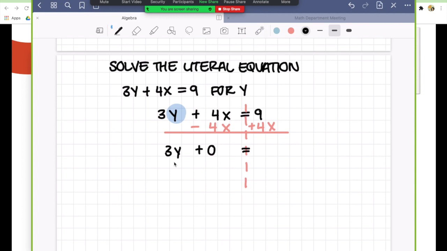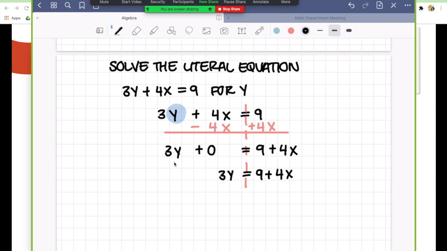And that equals 9 plus 4x. Because 9 is not a like term with 4x, I can't combine them, so I'm just going to write down 9 plus 4x. Okay, so now I am left with 3y equaling 9 plus 4x.